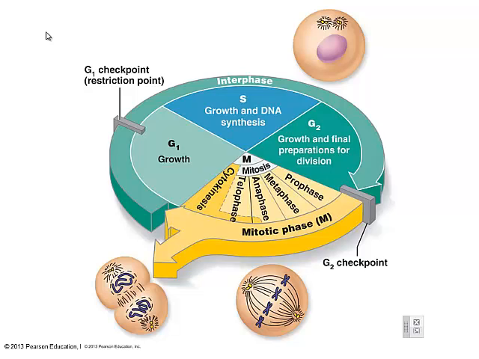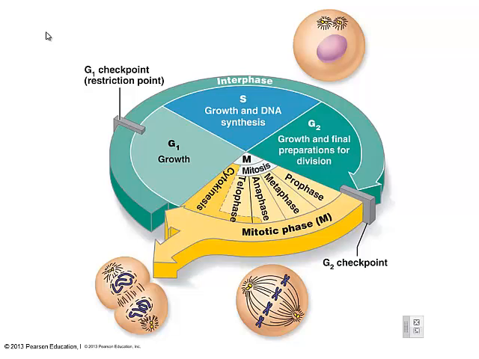So during the S phase of interphase, I get started copying the map. How many chromosomes do you have? 46. 23 pairs of chromosomes. Millions of bits of information.